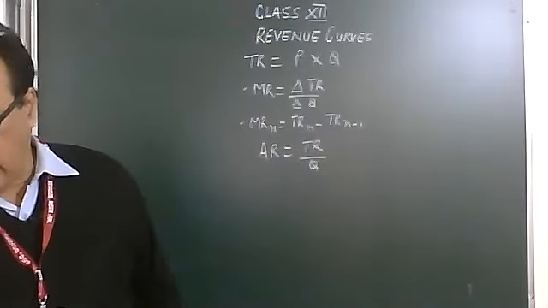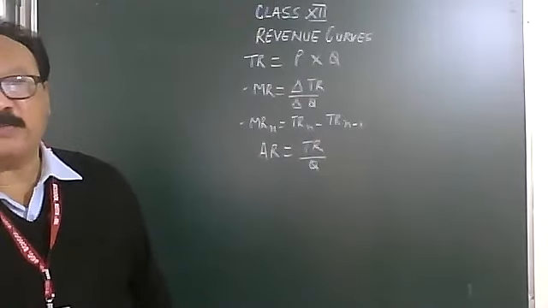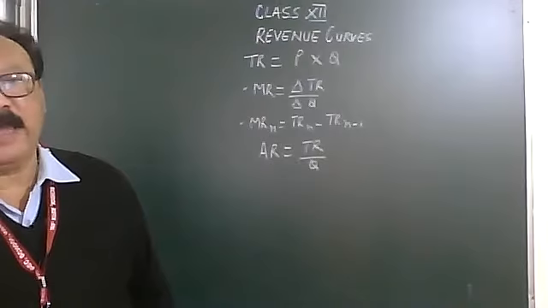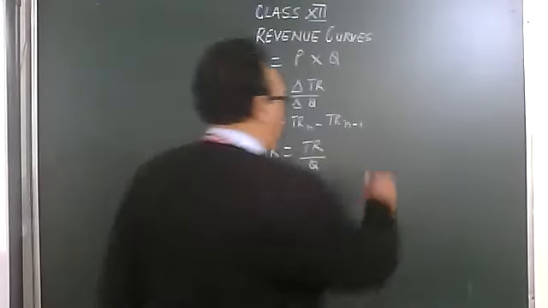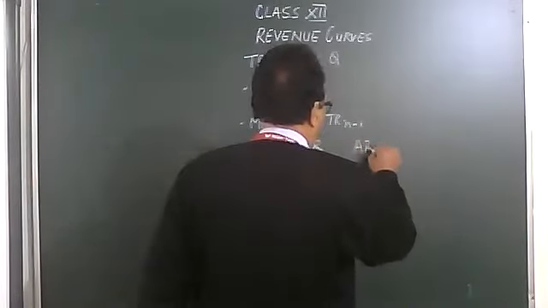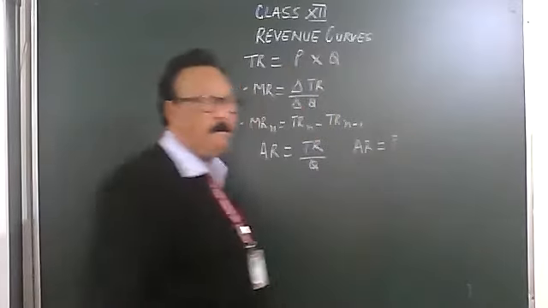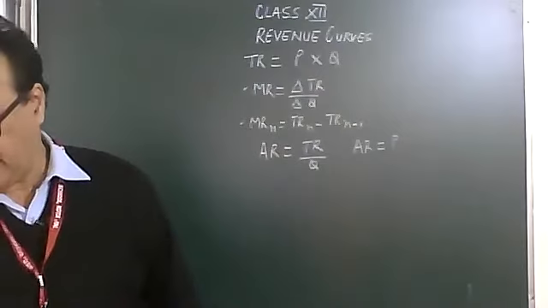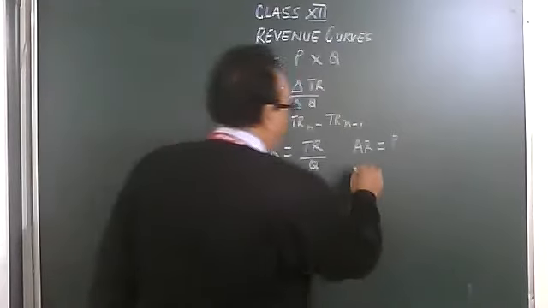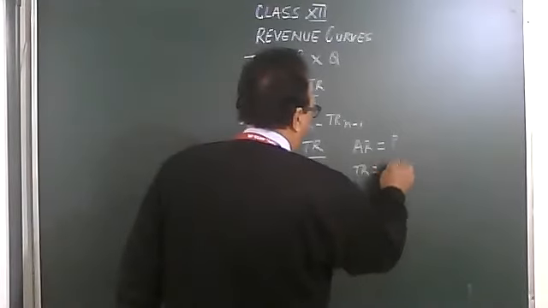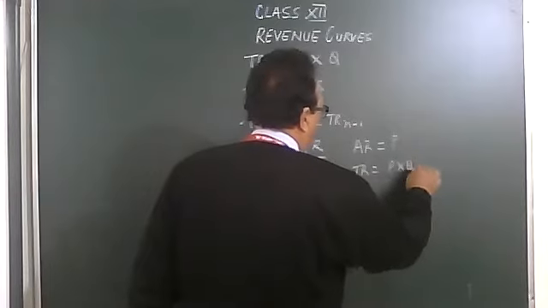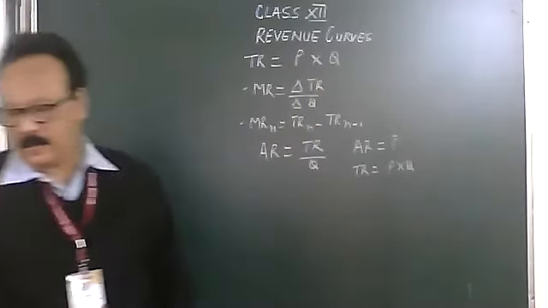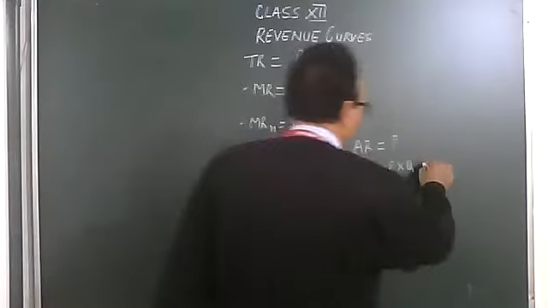Now AR is the same thing as price. AR is equal to P. How do we know? We know that TR is equal to P into Q. Suppose we call this the first equation.